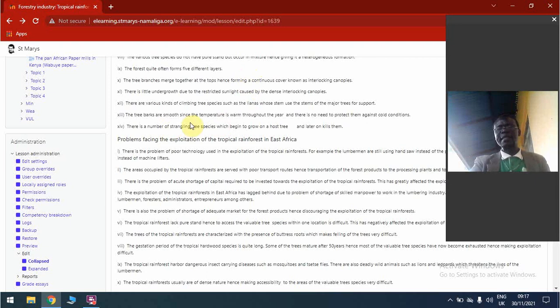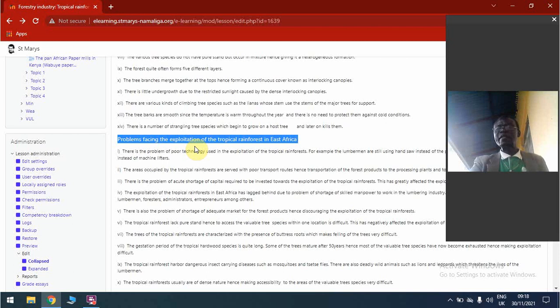So those are the various characteristics of the tropical rainforest which make them so unique from other types of vegetation, like the savanna type of vegetation, like the desert vegetation type, and other forms of vegetation in the world. So, the second aspect of this lesson is to look at the problems facing the exploitation of the tropical rainforests in East Africa.